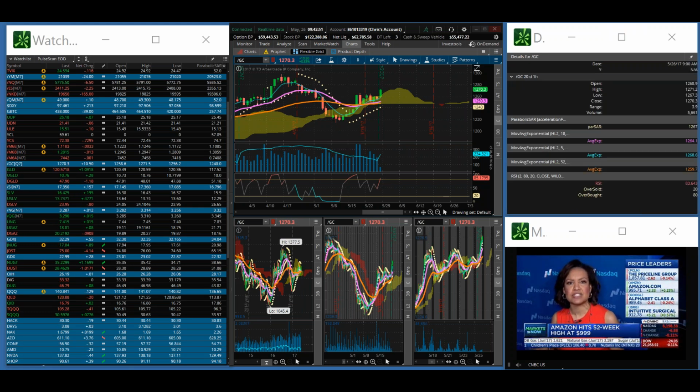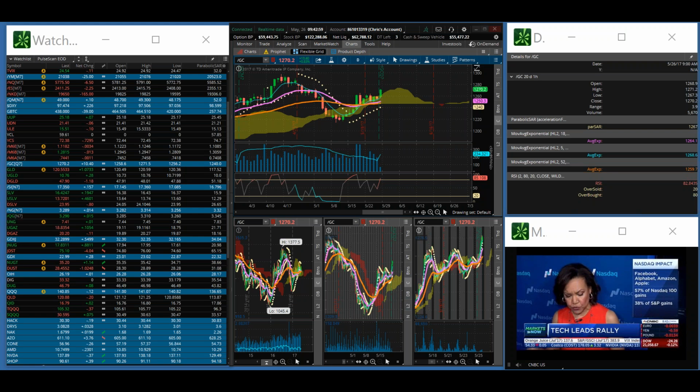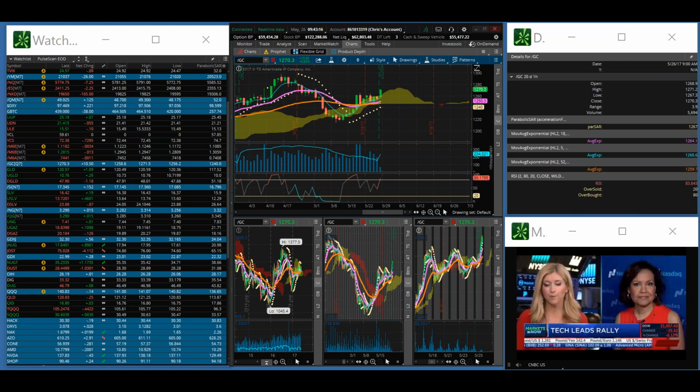Same thing with silver. Silver is in a stage 1 right now, stage 1 bull momentum. A 5 in the uptrend column is stage 1, and 18 is stage 2.